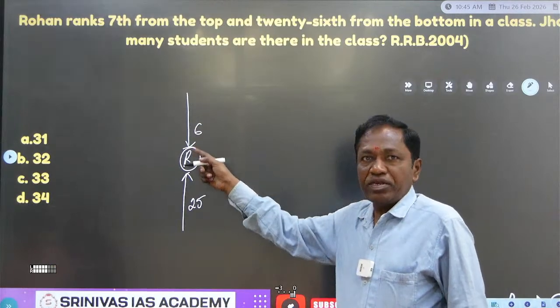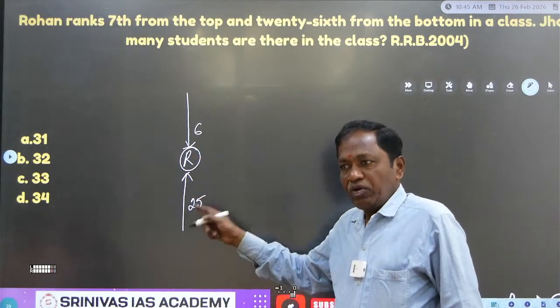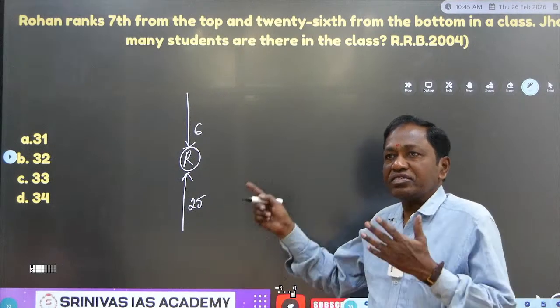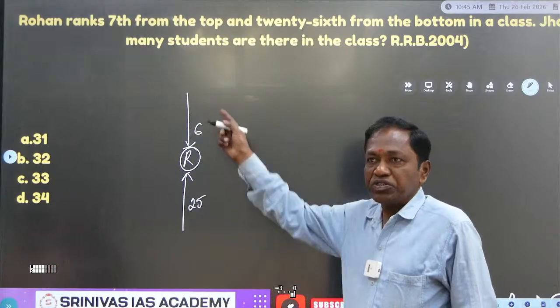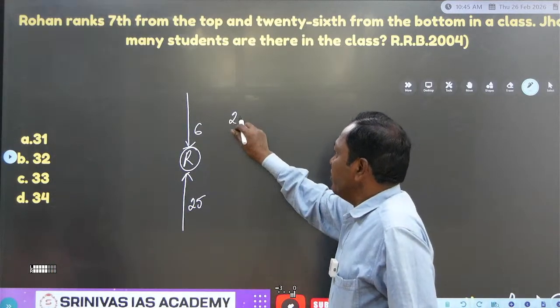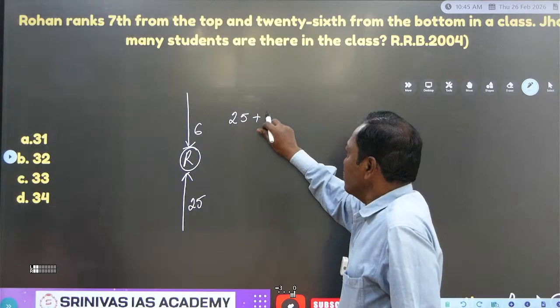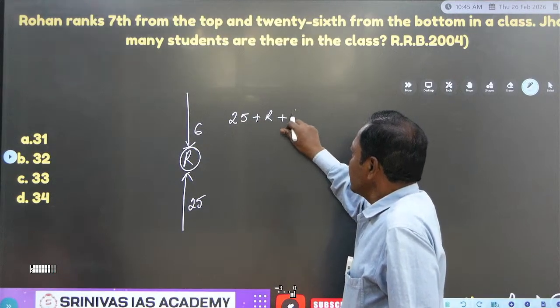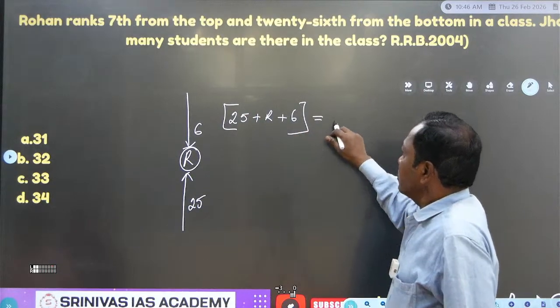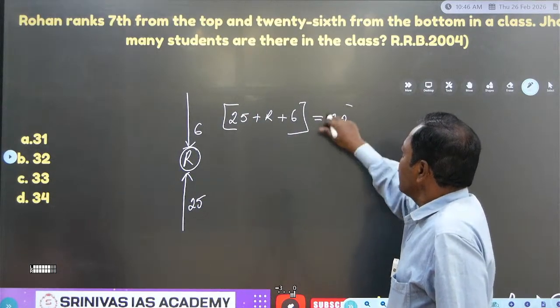Above him how many, below him how many, now it is known. What you need is the size of the class, so you have to sum up: 25 plus Rohan plus 6. What is this total? 32 is the answer.